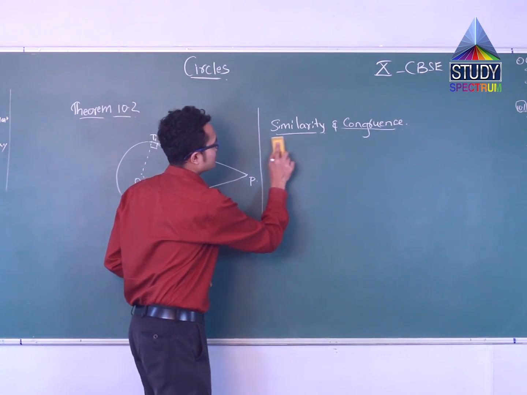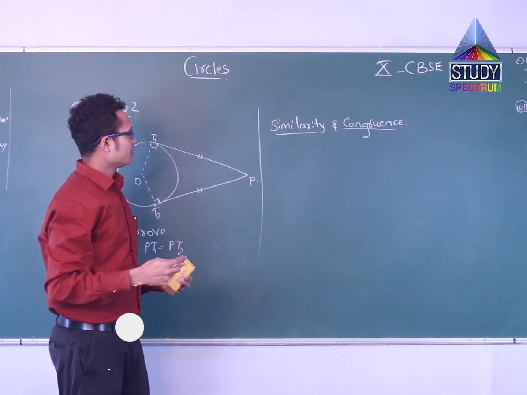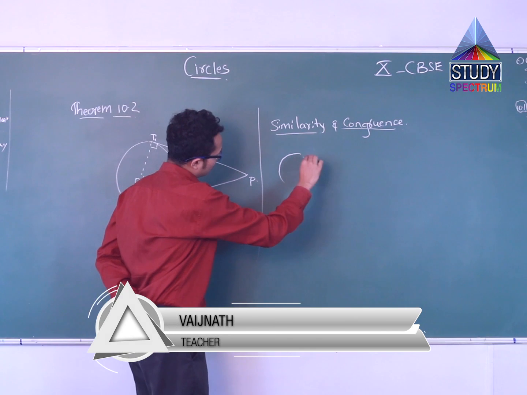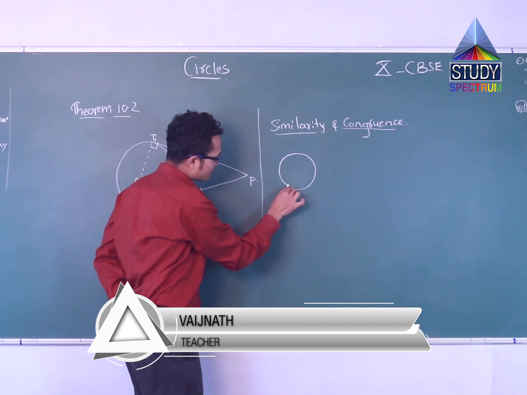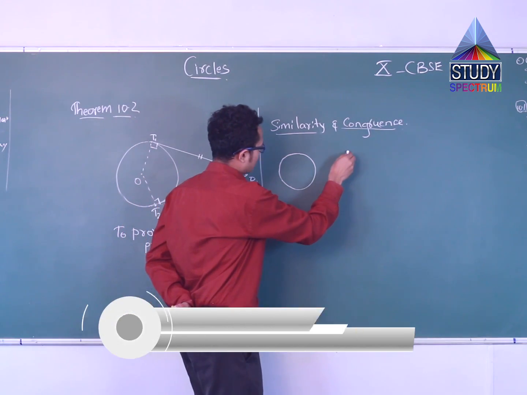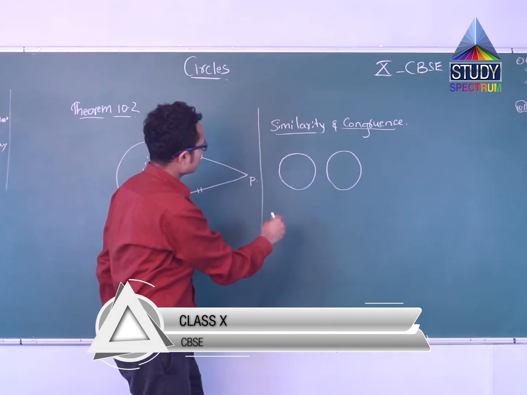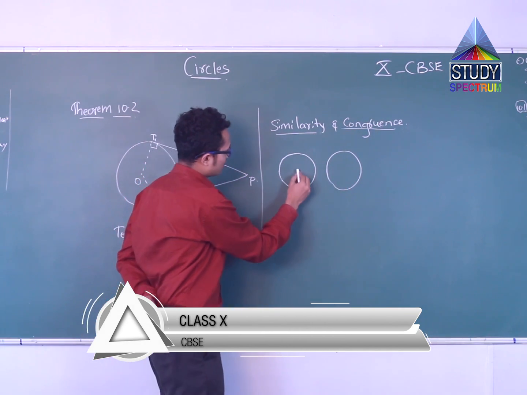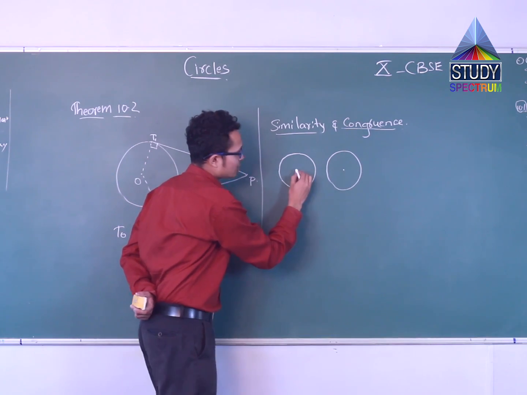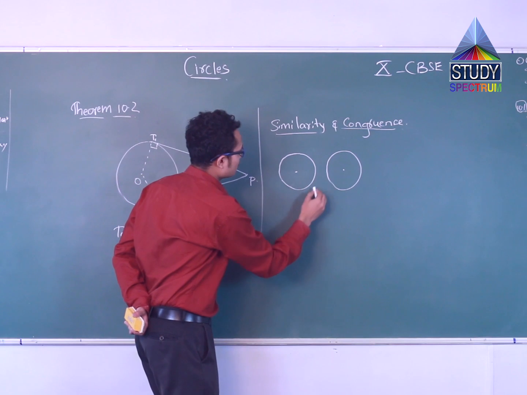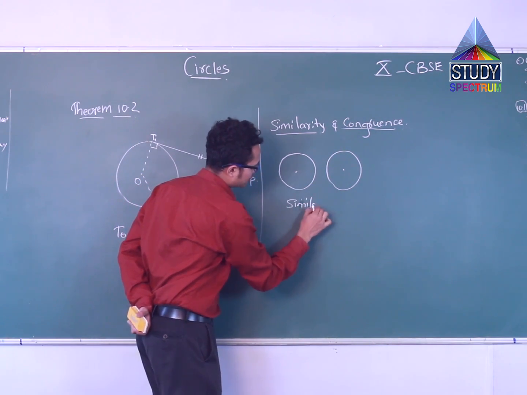Many times you heard saying two triangles are similar or two circles are similar, which means that the two circles or two triangles may or may not be of the same size. Now in this case, the circles almost look like of similar size. They are of almost the same size, so they are similar.